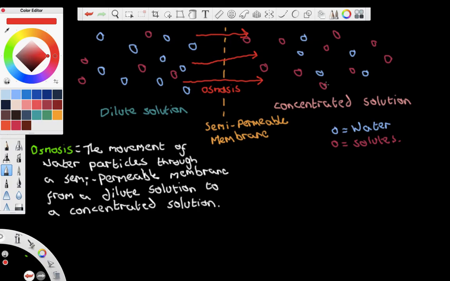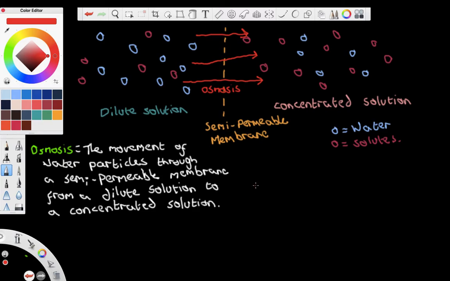Okay? At the same time, the solute particles would be far too big to pass through the semi-permeable membrane, so they don't move anywhere. The water molecules are the only things that can cross it, because remember, this semi-permeable membrane only lets certain things through. So it would only let water particles through, but not the solutes.